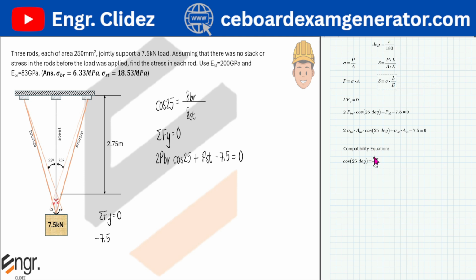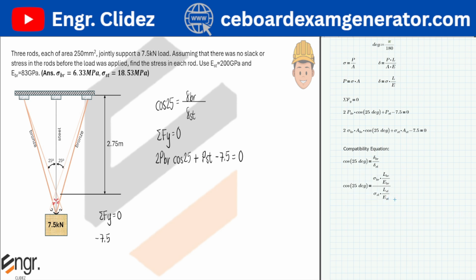So we can define the deformation of the bronze rod in terms of this, as well as the deformation of the steel rod. Here we have delta BR will be the stress in the bronze rod multiplied by the length of the bronze rod all over the modulus of elasticity. Now we do the same for the steel rod. We have the following expressions.